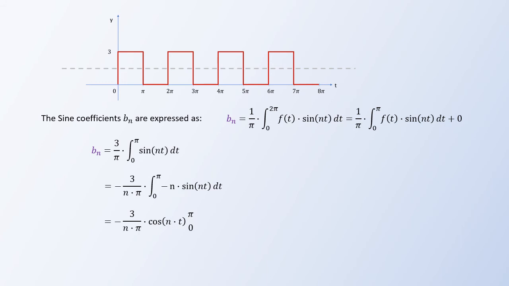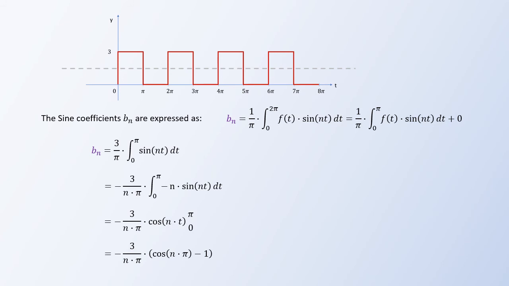Now, the cosine of 0 is 1, and the cosine of pi is going to be some value times n. There'll be n pi, cosine of n pi.